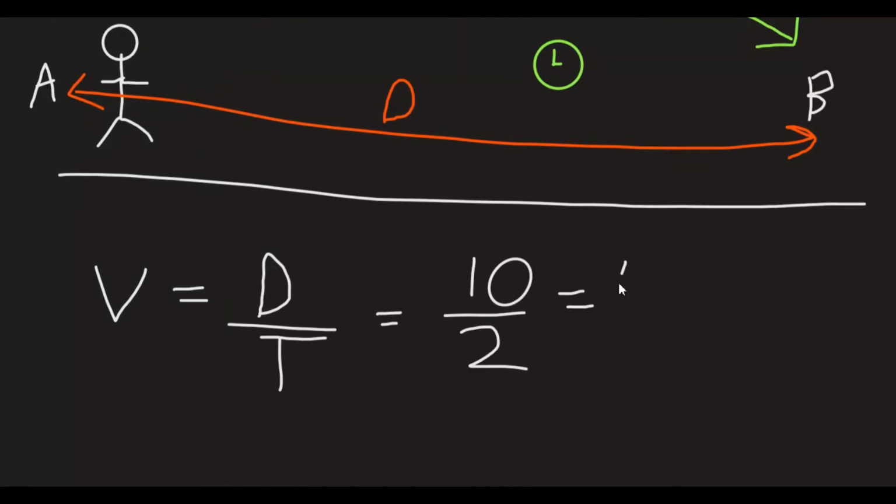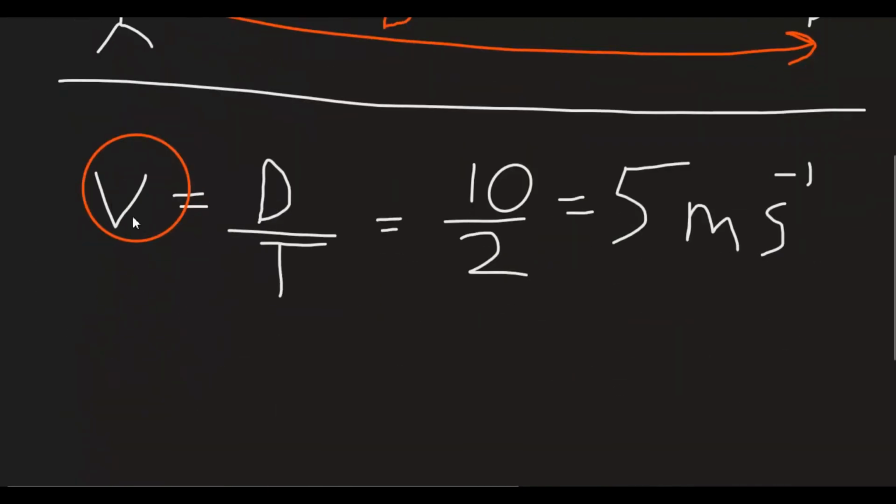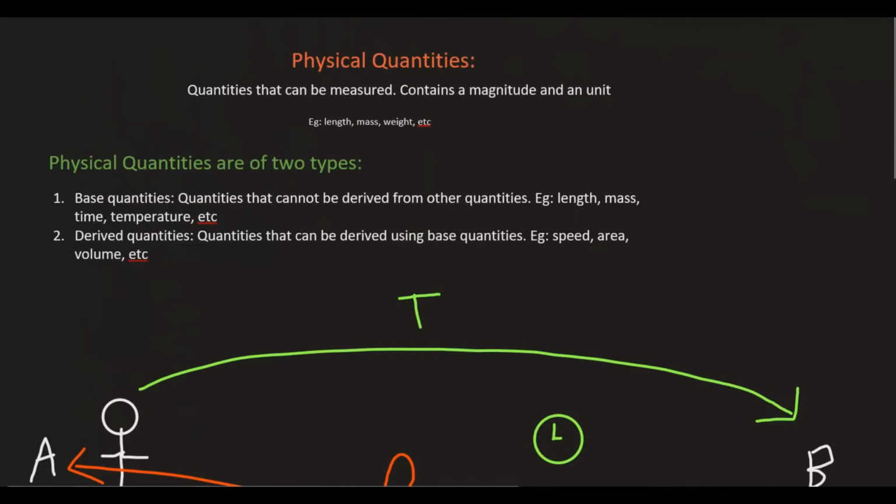So my friend's average speed is 5 meter per second, right? So you can see that this velocity we could measure. Might be that we had to make some calculations, but even through the calculation we could measure the velocity. So this is a quantity that can be measured.